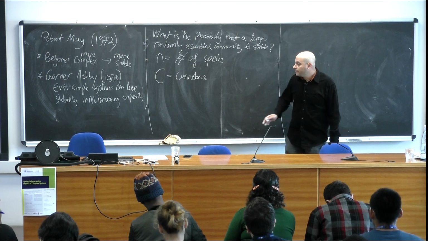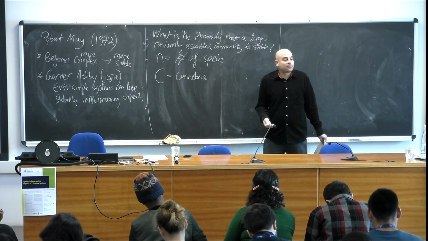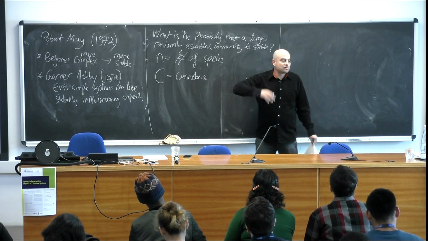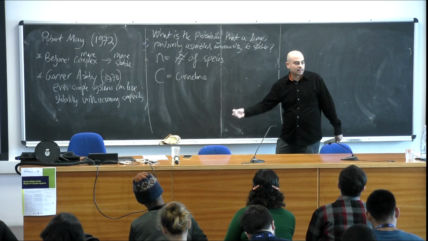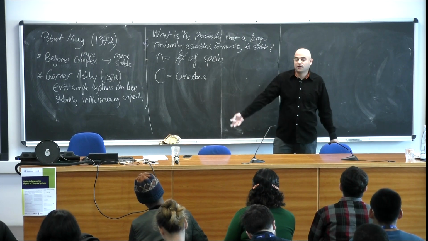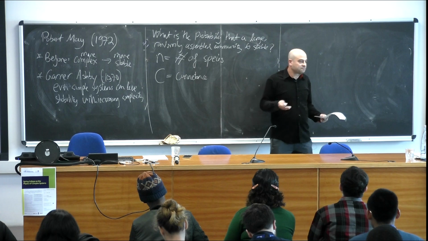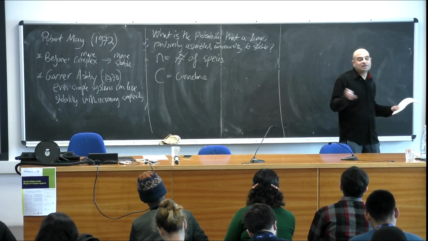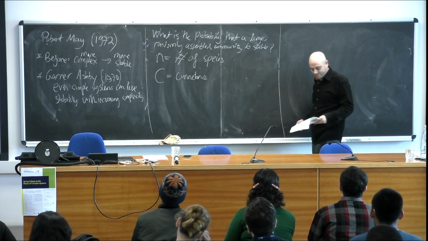But basically, when c equals 1, then every species interacts with every other species. When c equals 0, no species interacts with any other species. And c equals half means that only half the interactions are present, right?